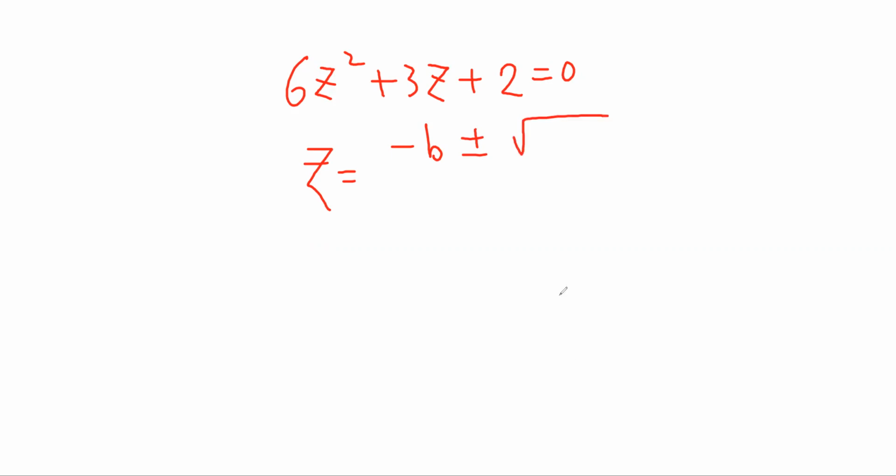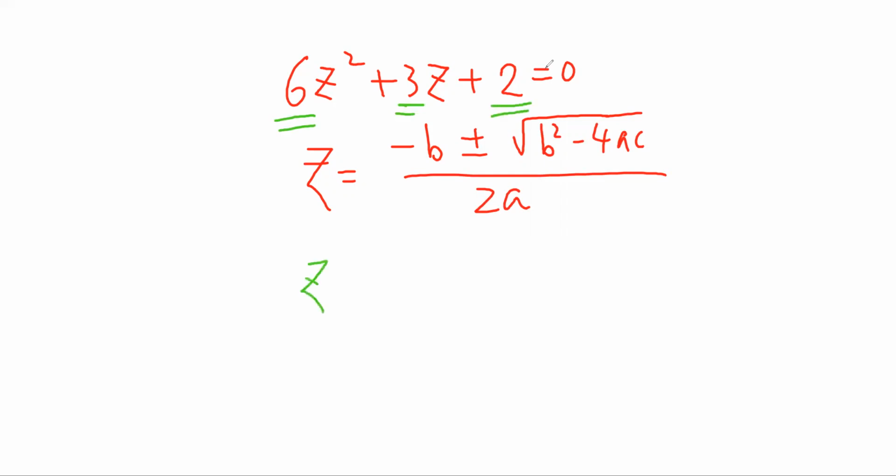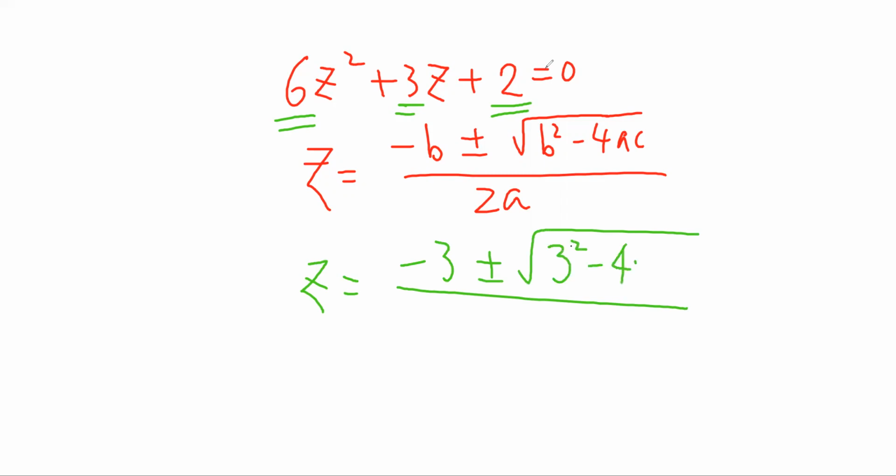All right, you guys got x equals negative B plus minus. Gabby, I cannot let you control the board, but you can write on the board, all right? Over 2a. All right, so A is 6, B is 3, C is 2, right? So B is 3, plus minus B is 3 squared, right? 4 times A is 6, C is 2, right? 2 times A is 6.